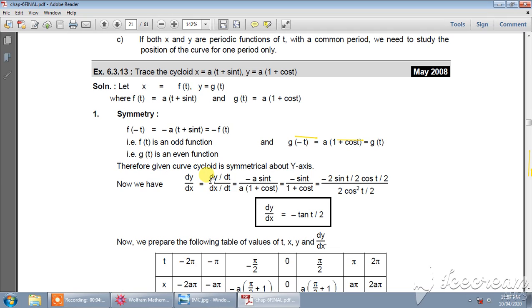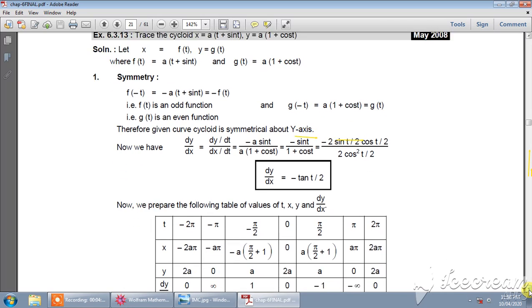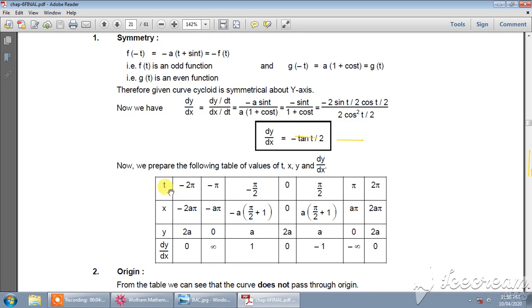Dy by dx will be dy by dt divided by dx by dt. Here dy by dt is minus a sin theta, and dx by dt is a times 1 plus cos theta. If you use the half angle formula, we get dy by dx equal to minus tan t by 2. So let us make a table of values of t, x, y, dy by dx.